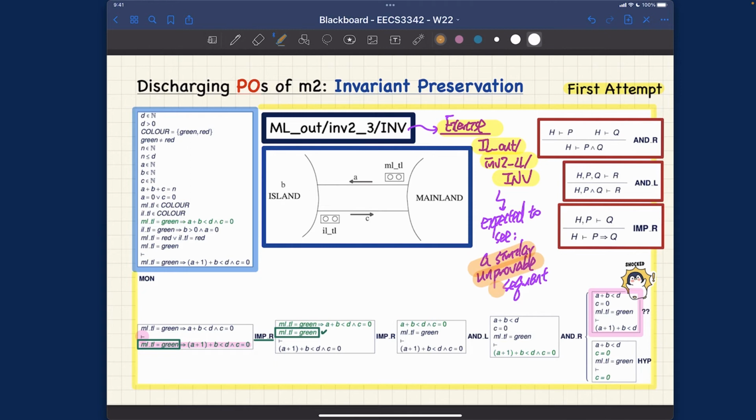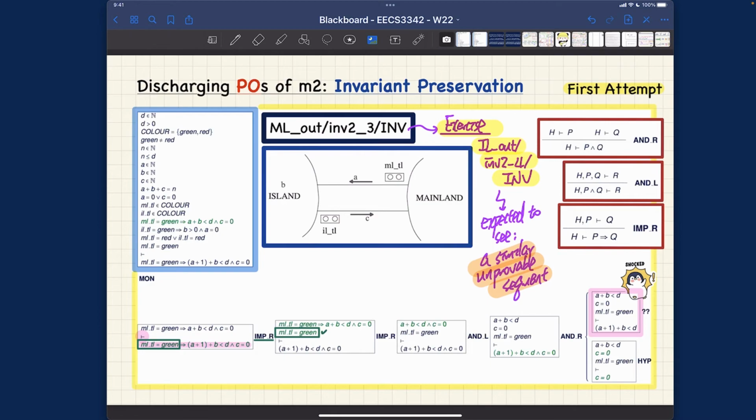So what we'll do is focus on this particular sequent, but to find the solution for this particular unprovable sequent, the solution will be very similar. Let's now take a look at this unprovable sequent and see what kind of hints it gave us to fix our model further.